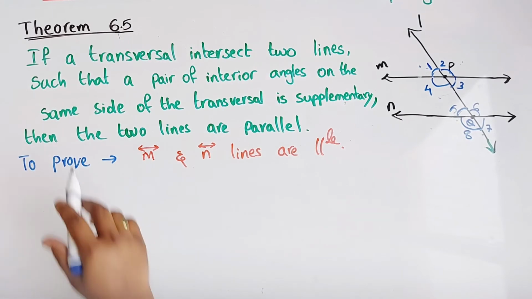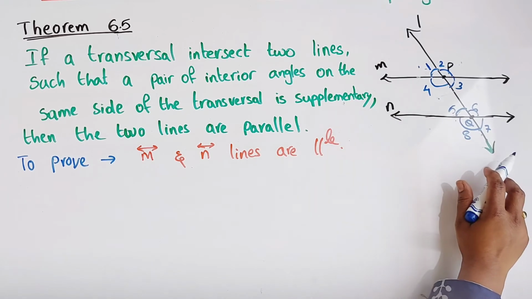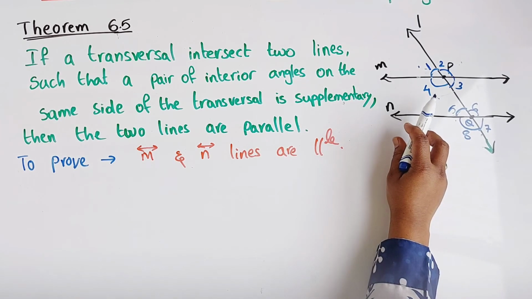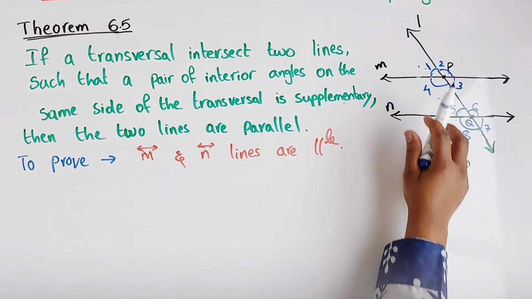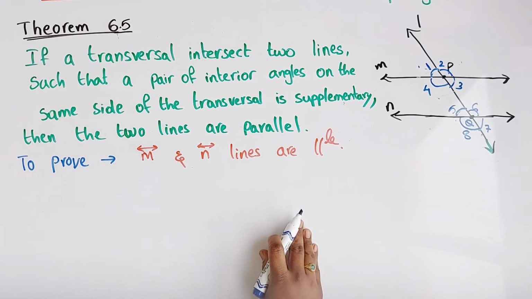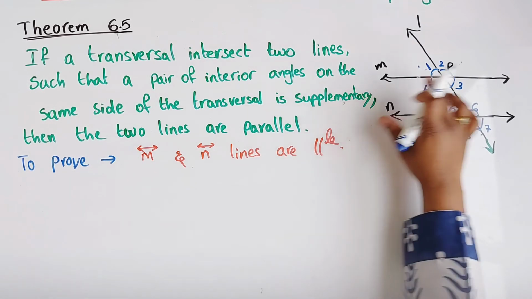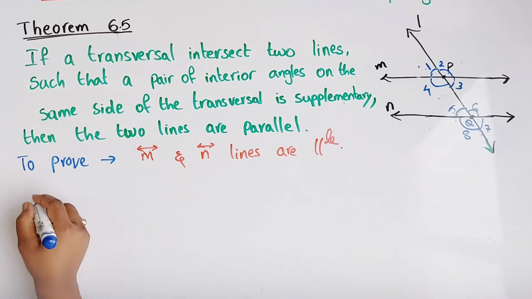Theorem 6.5, children: if a transversal intersects two lines such that a pair of interior angles on the same side of the transversal is supplementary, then the two lines are said to be parallel. Just the converse of the previous theorem. Right, we have to prove that line M and line N are parallel lines. What have they given?